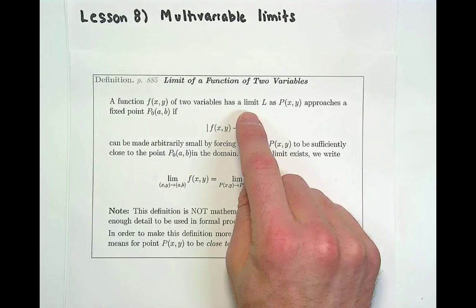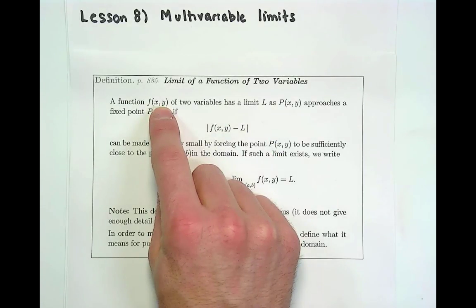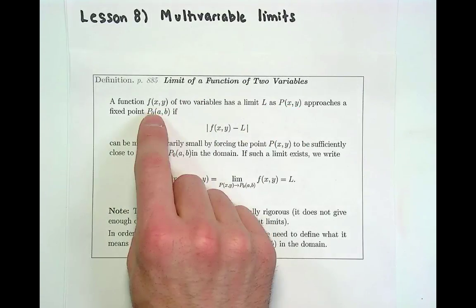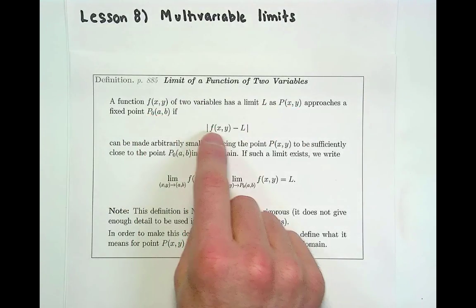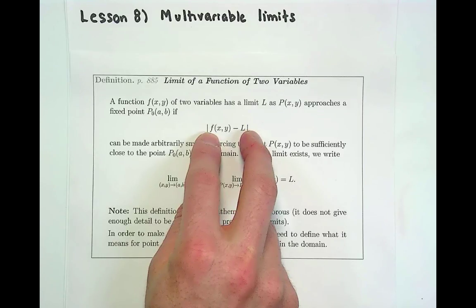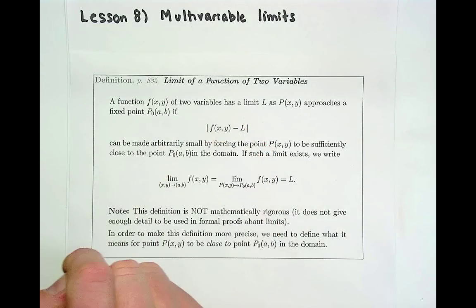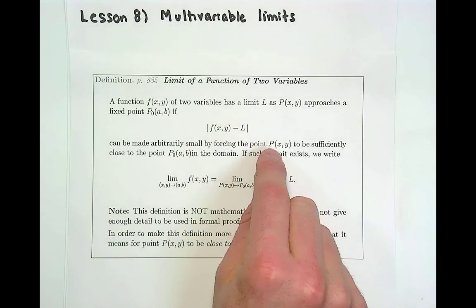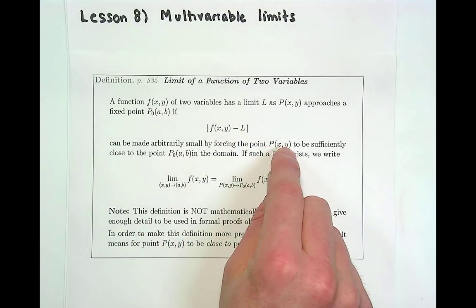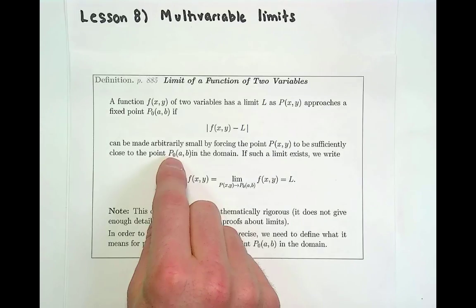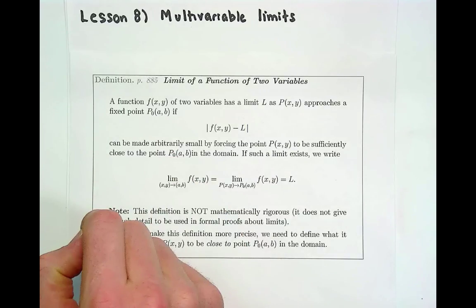We say that the limit of f of x, comma y as x, y approaches a, b exists if and only if this distance can be made as small as we would like by forcing the point x, comma y to be sufficiently close to the point a, comma b in the domain.